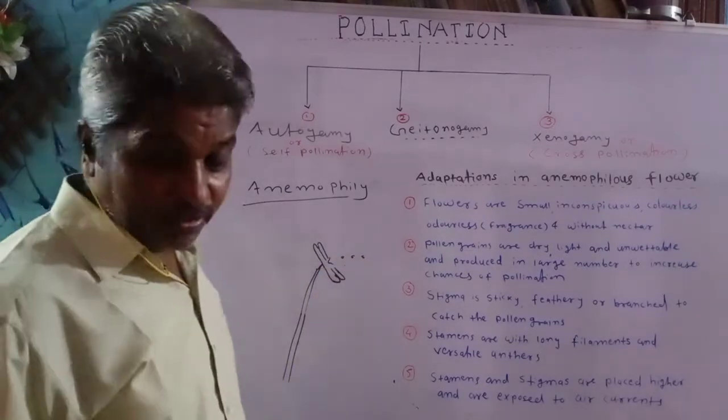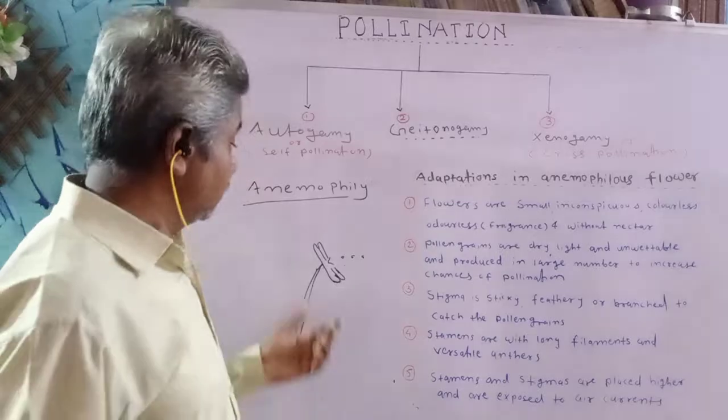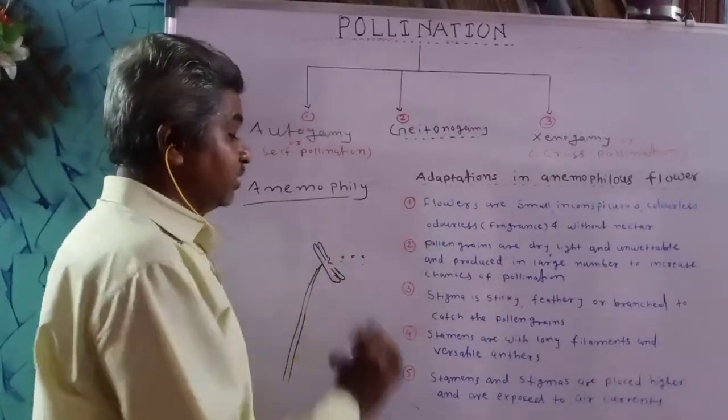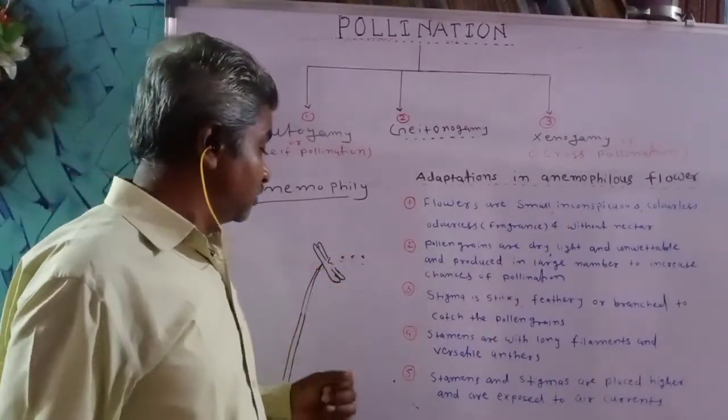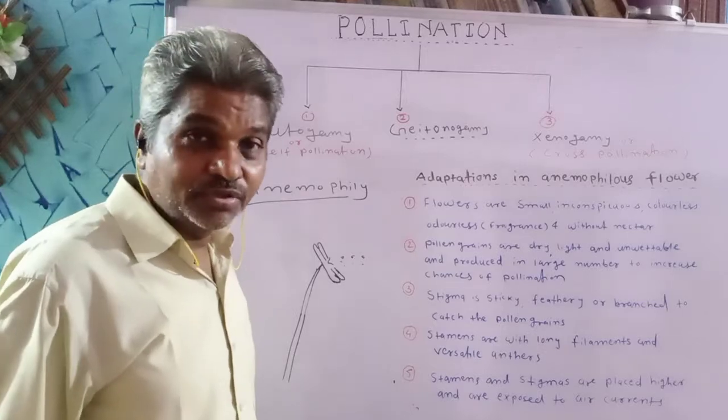When the anthers break and the pollen grains are released, this process is called dehiscence of anther.